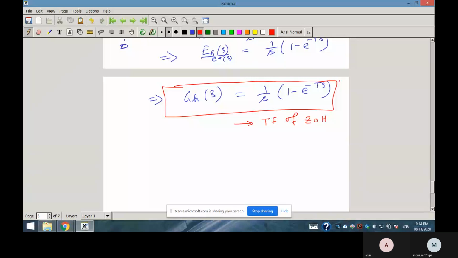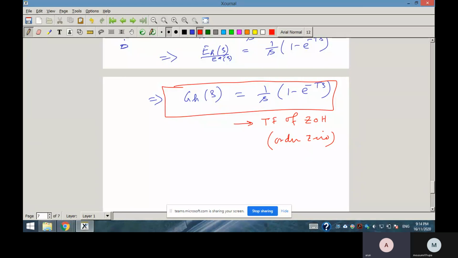If you do the e to the power minus Ts expansion, it will be 1 minus 1 plus Ts minus T square s square by 2, then ultimately s will get cancelled. So these are order zero. That's why it is order zero. If you expand it, then ultimately s will get cancelled. So that's why it is called zero order.